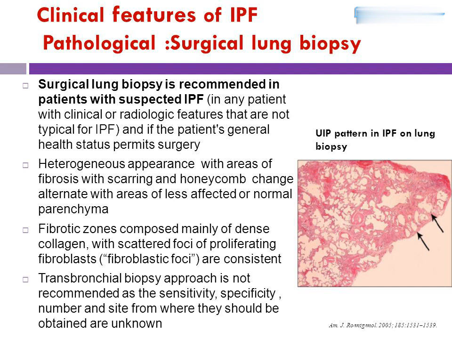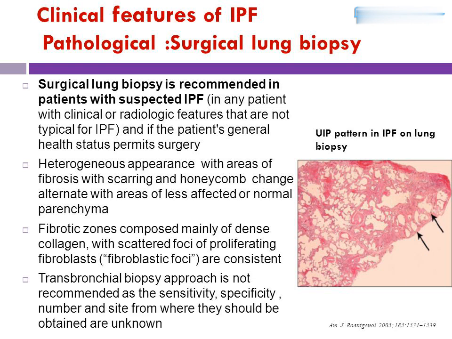Clinical features of IPF, pathological: surgical lung biopsy. Surgical lung biopsy is recommended in patients with suspected IPF, in any patient with clinical or radiologic features that are not typical for IPF, and if the patient's general health status permits surgery. Heterogeneous appearance, with areas of fibrosis with scarring and honeycomb change alternating with areas of less affected or normal parenchyma.